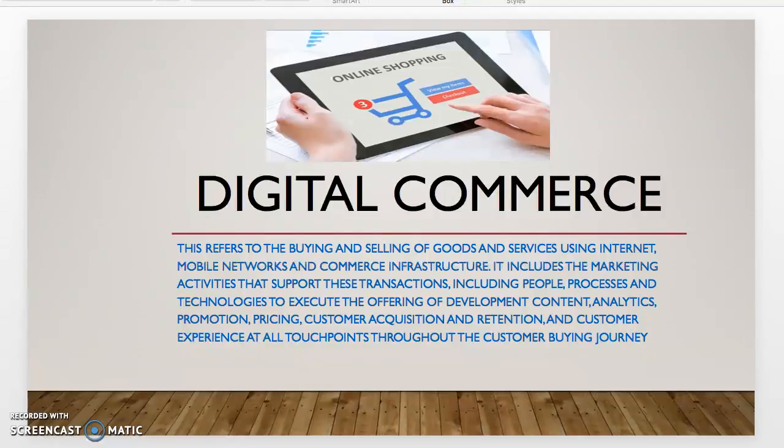It includes the marketing activities that support these transactions, including people, processes, and technologies, to execute their offering of development, content, analytics, promotion, pricing, customer acquisition and retention, and customer experience at all touchpoints throughout the customer buying journey.